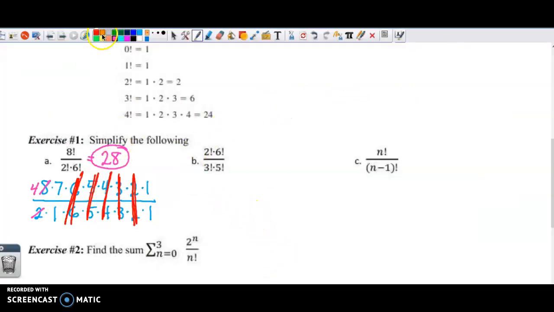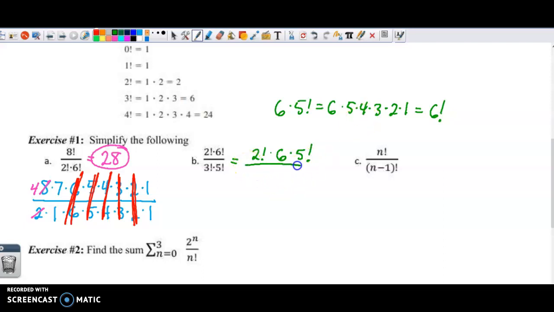And by the way, sometimes what you'll see me do is instead of writing all of the numbers down, what I'll do is I'll leave them as factorials, 2 factorial, but I'll change 6 factorial to be 6 times 5 factorial. Because, if you think about it, 6 times 5 factorial is equal to 6 times 5 times 4 times 3 times 2 times 1, which is the same thing as 6 factorial.